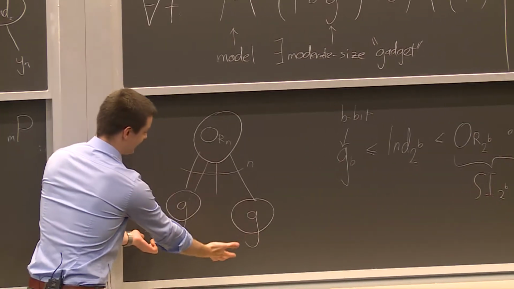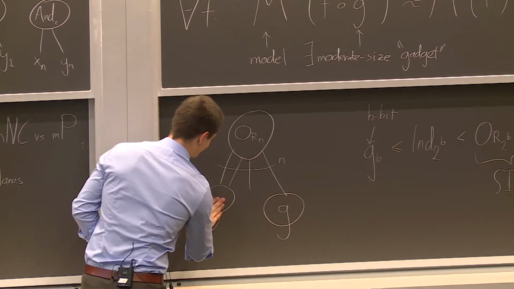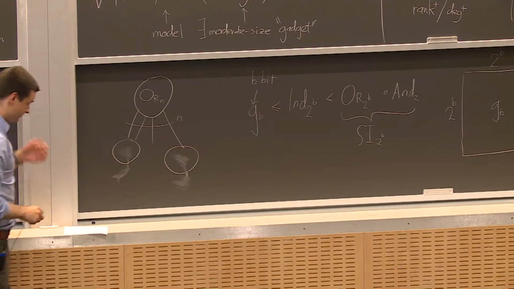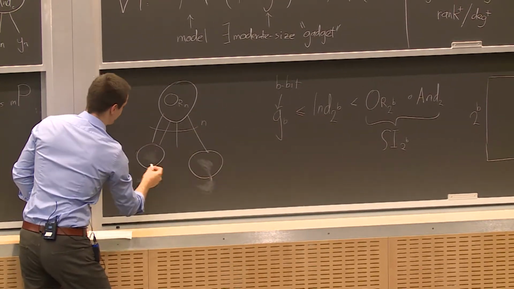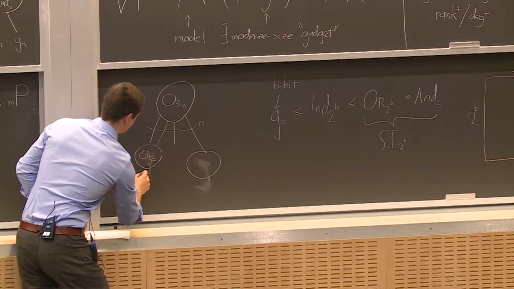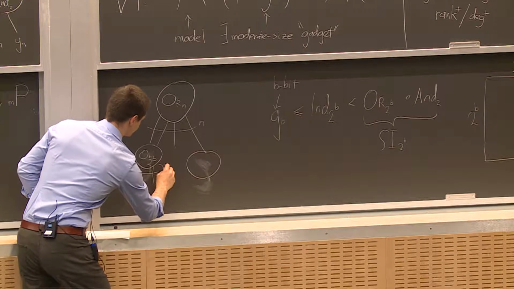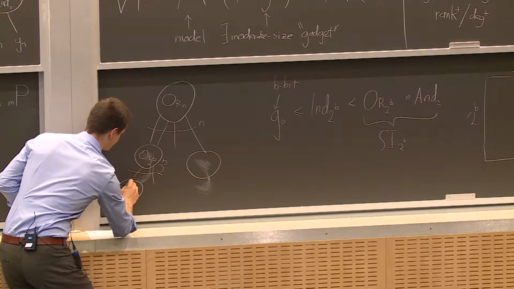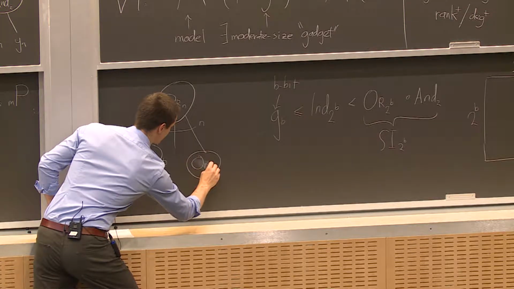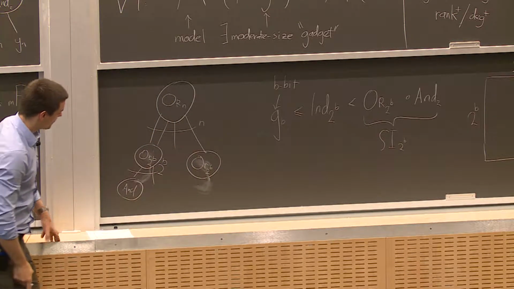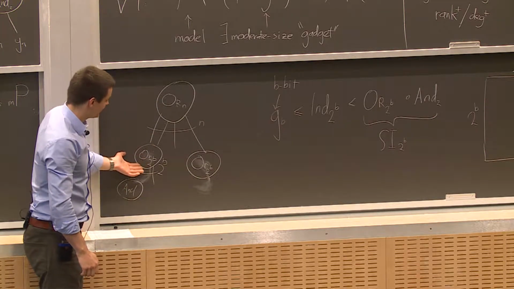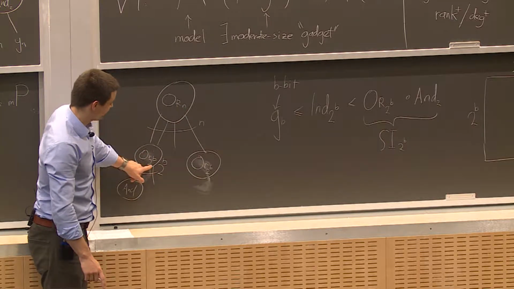So really, this function itself reduces through these to the OR of fan-in 2 to the b of ANDs. Okay, you collapse these levels. What you have is just set intersection on n times 2 to the b many bits.